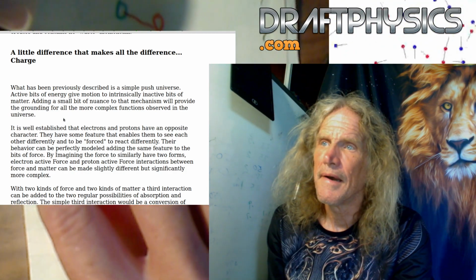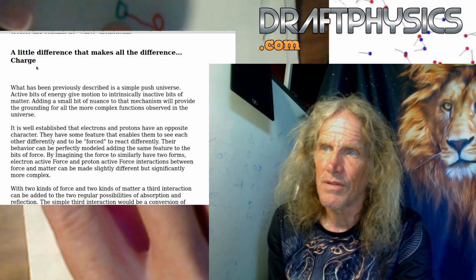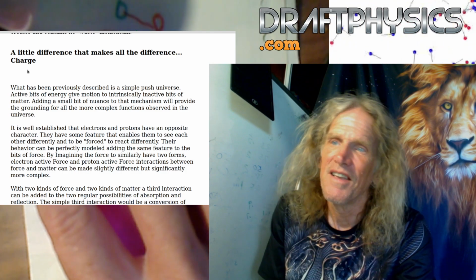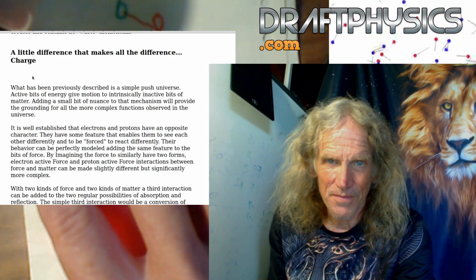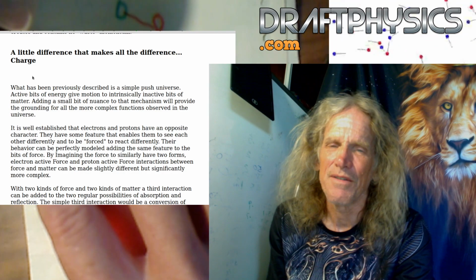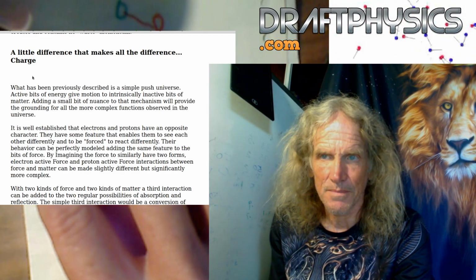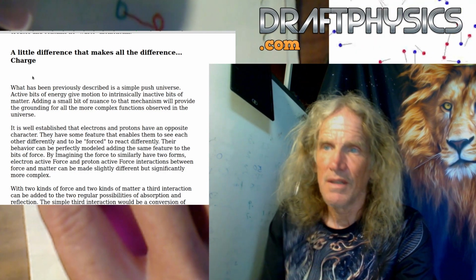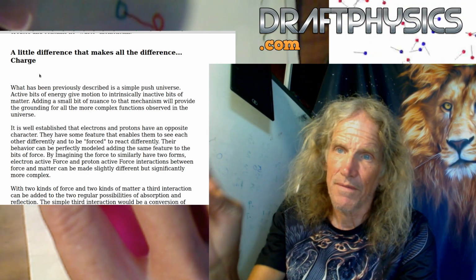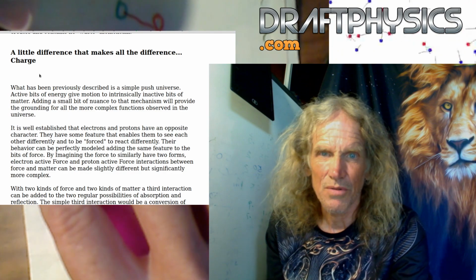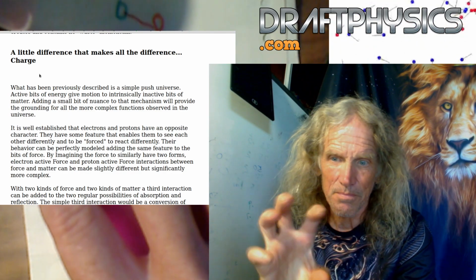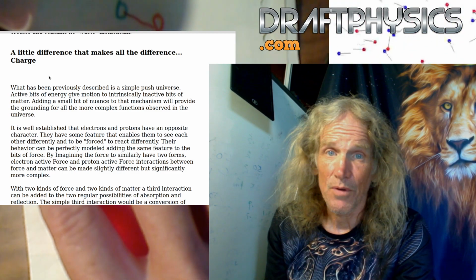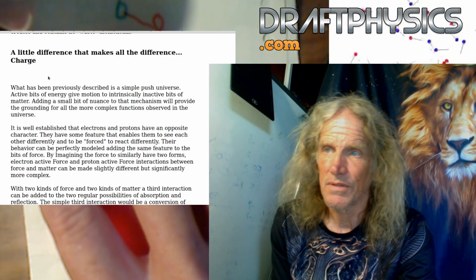Alright, a little difference that makes all the difference: charge. So this is really the universal first force, the first interaction, the first mechanism, and everything else, gravity, magnetism, electricity, is just a consequence of that function. What was shown in the simulation, the things that are binding atoms together, that's the same force that binds the universe together.